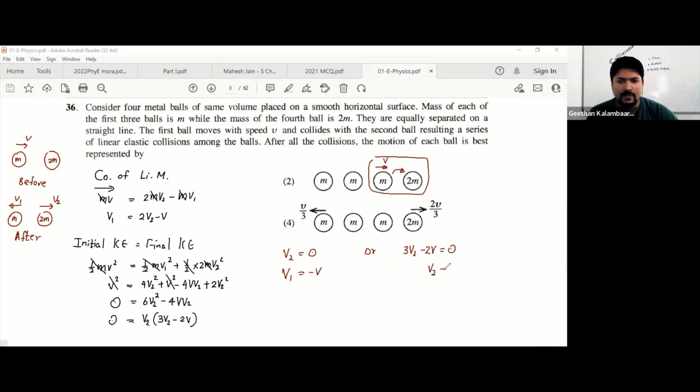Here we can say v2 is equal to 2v by 3. If so, v1 is equal to 4v over 3 minus v. So that is v by 3. So v2 becoming 0 does not seem to be possible. So we can say that this is a wrong combination and this can be the right combination.